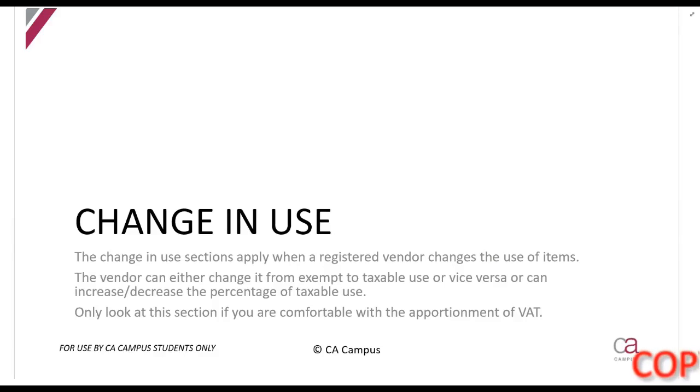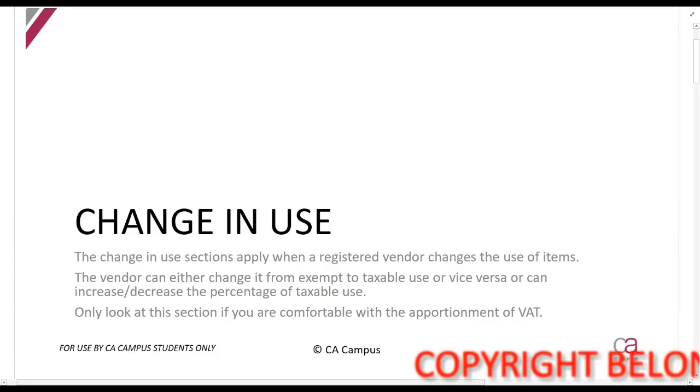We are now going to talk about change in use. Before I start explaining what this is, I want to remind you of something that you've seen me probably do a number of times now.